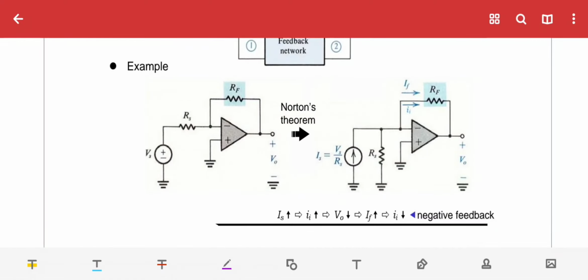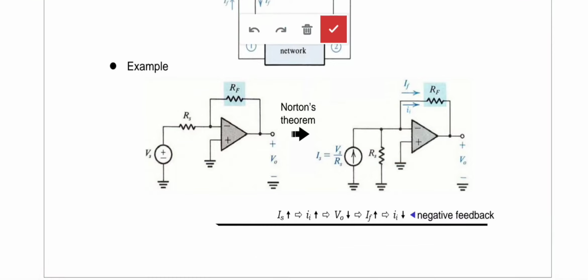The input Vs and Rs is replaced by Is and parallel resistance Rs. So you can see here Is and parallel Rs, and here we have the feedback path RF, VO.